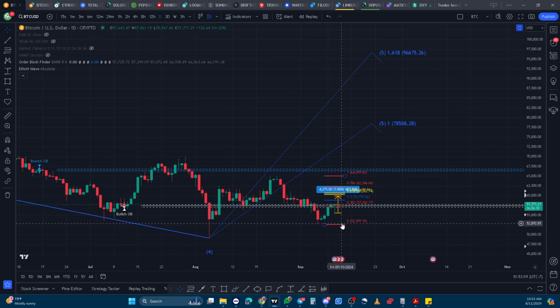And it doesn't matter where you got in from 52K on up to 55K, or even 57K. If you got in at 57K, you want to average down. You don't want to go all in yet. You want to keep your liquidation level under 49K.